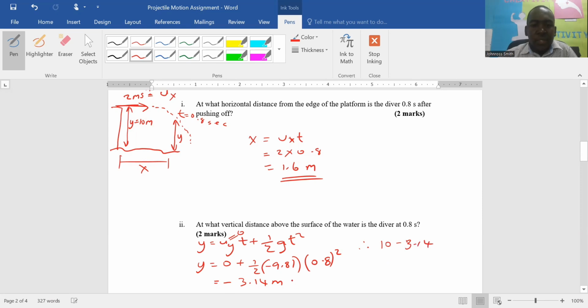Right? And to 1 sig fig, this would be 3 meters. So we're minusing 3 from it. So we get the final answer to be 7 meters above the water. Right? Because he is displaced 3 meters downwards. So therefore, he's 7 meters away from the water surface.